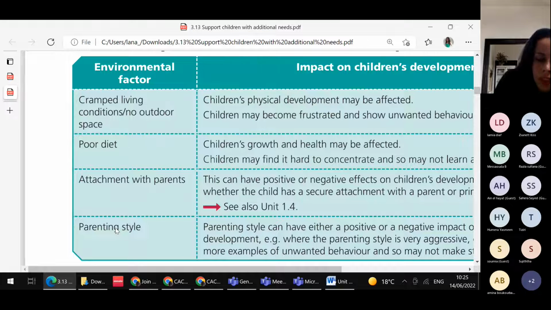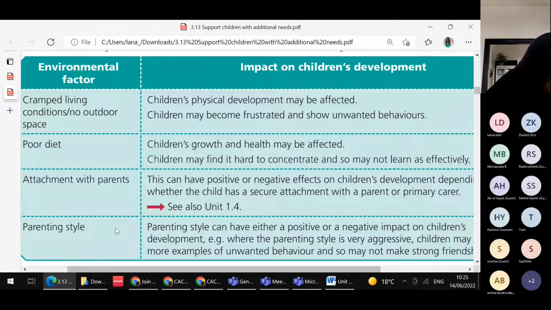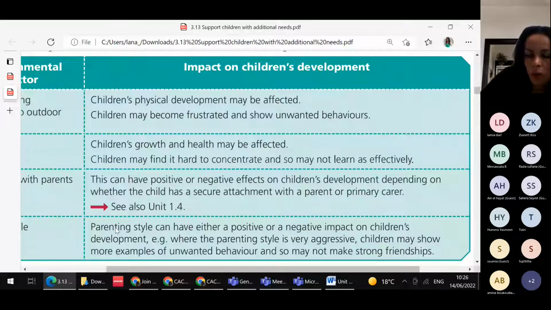Also, we have another environmental factor, which is poor diet. If the child doesn't have enough good food resources, let us say they just eat chips and beans every day, because they are poor, for example, the child's growth and health may be affected. Obviously, they need milk, they need meat, they need protein.